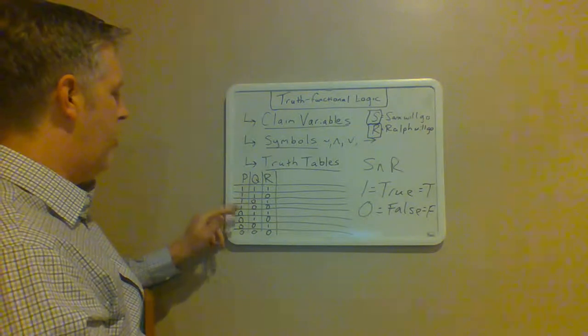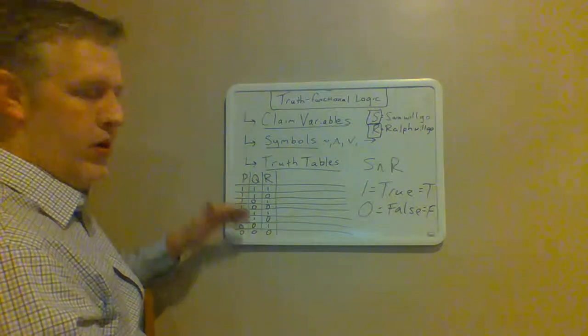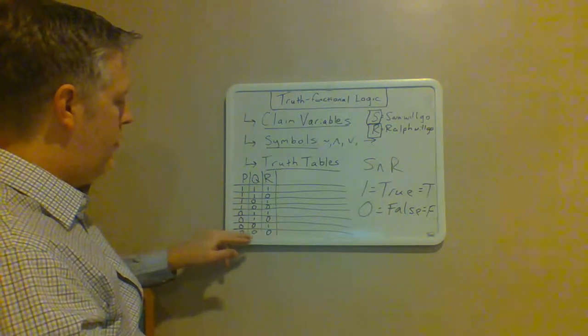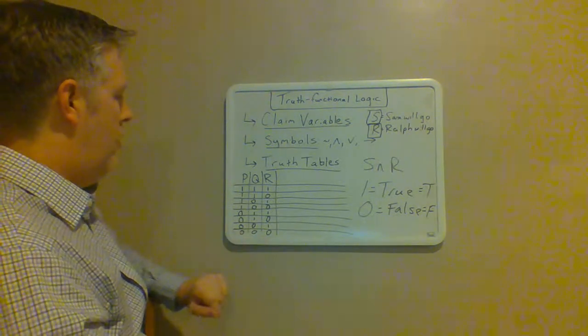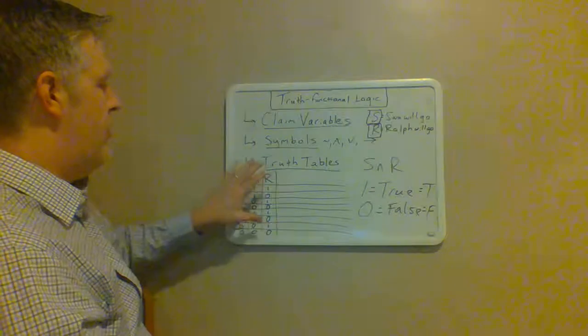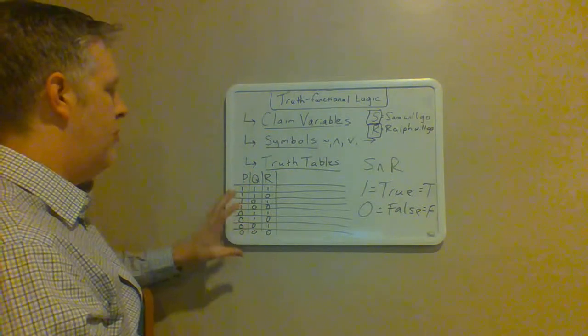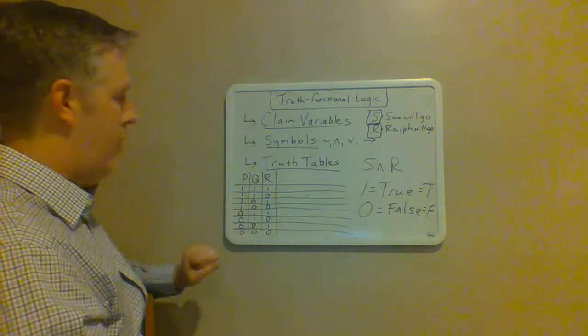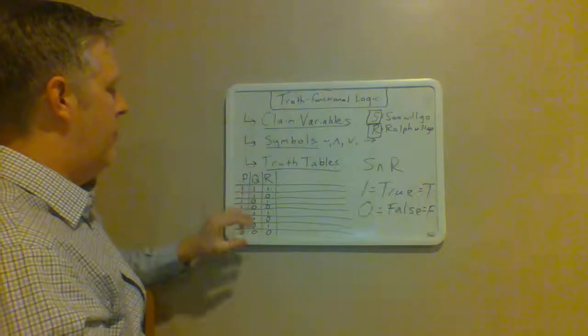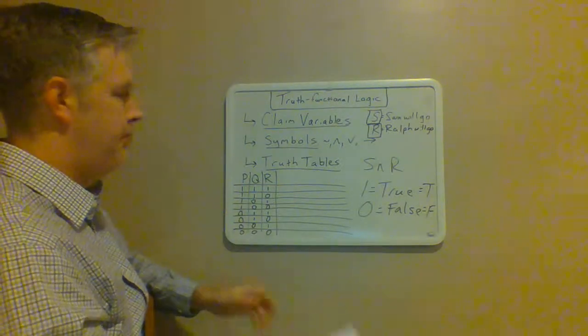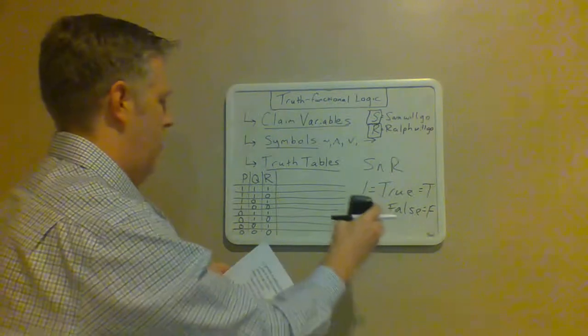Or Paul goes, but Quincy and Ralph don't. And so on and so forth, all the way down to the scenario where all 3 of them don't go. That's what we're representing with these tables: all the possible truth value combinations, when each claim is true or false, and what happens with respect to all the other ones. That's the goal here.